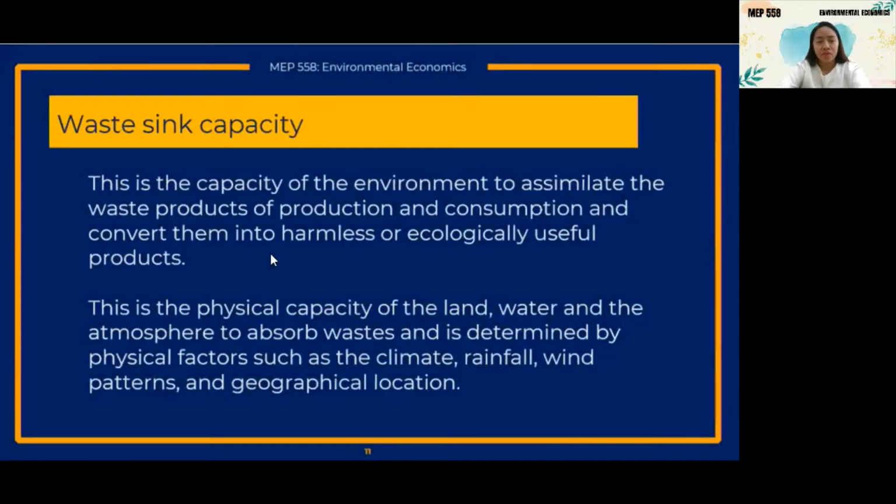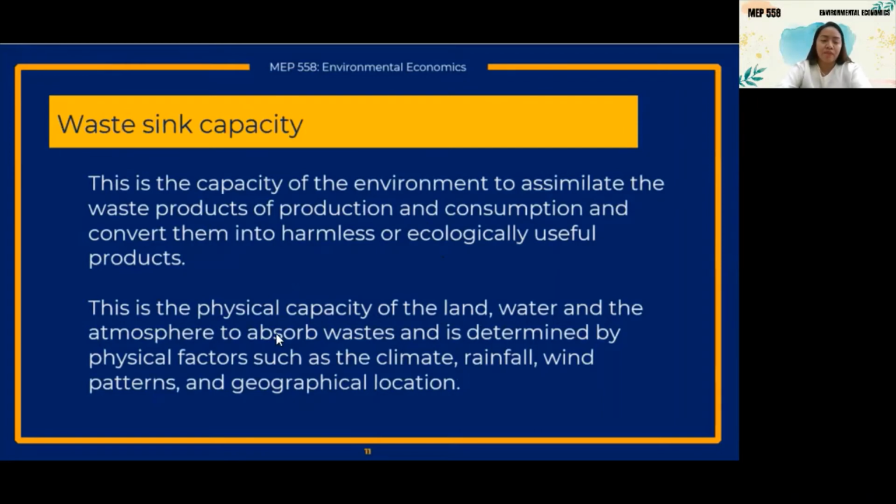So when we talk about waste sink capacity, this is the capacity of the environment to assimilate the waste products of production and consumption and convert them into harmless or ecologically useful products. So the environment is not only affected by waste products, but also by releases of chemicals such as pesticides, paints, lubricants, and many others.